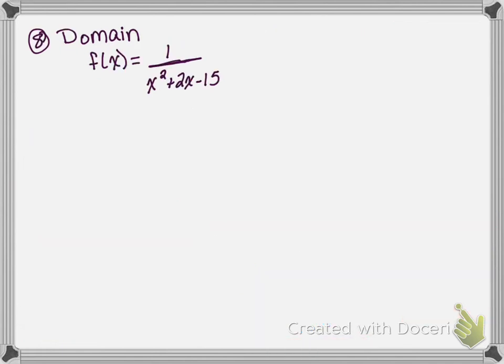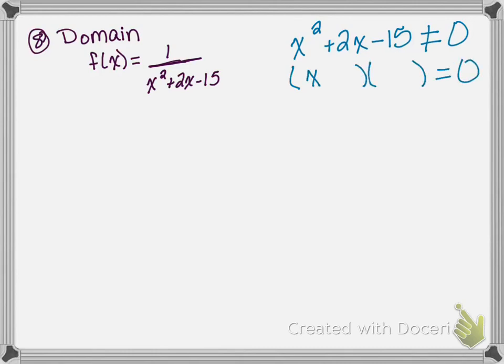The domain of this one, this is one of those things where you don't want your denominator to equal 0. So we have x squared plus 2x minus 15 cannot be 0. I go ahead and factor this. Factoring is going to be something we do a lot of.